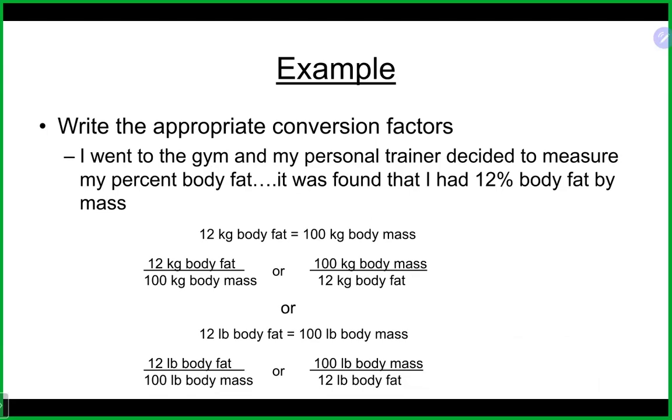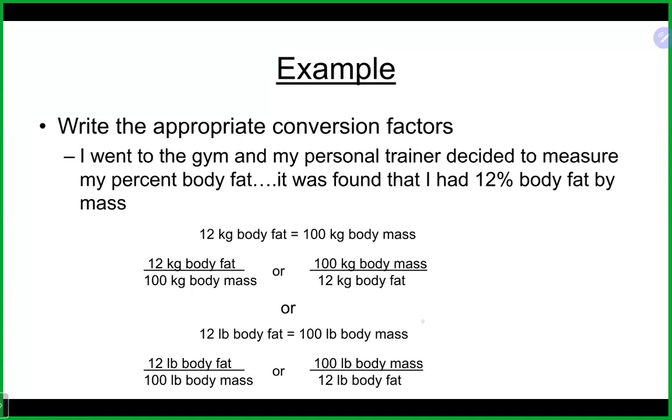If you got 72% on your exam, that probably meant you got 72 points out of 100. So it turns it into a very easy way of doing that. If we had something that was 12% body fat by mass, you could do 12 kilograms of body fat for 100 kilograms of body mass, or 100 kilograms of body mass gives you 12 kilograms of body fat.